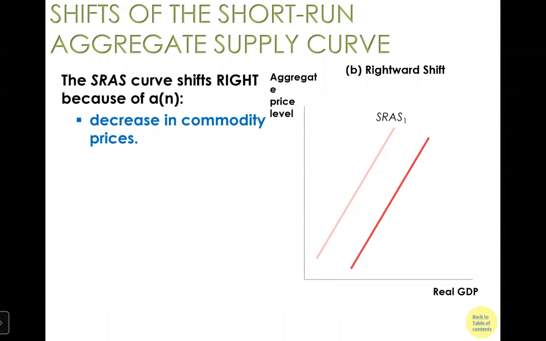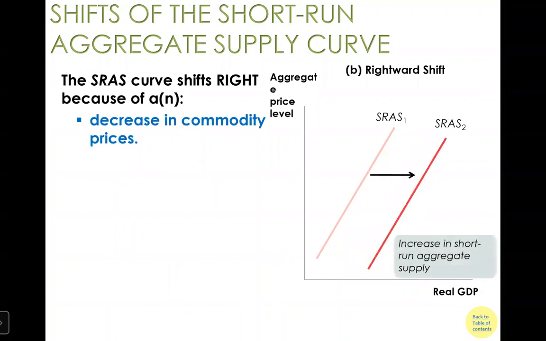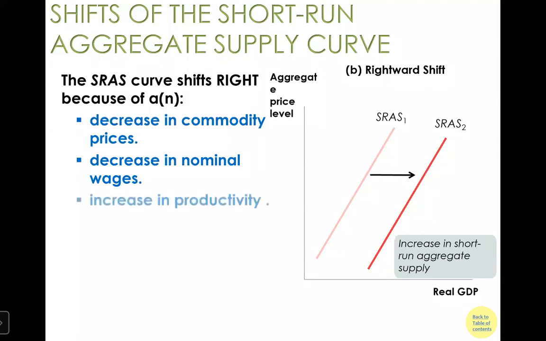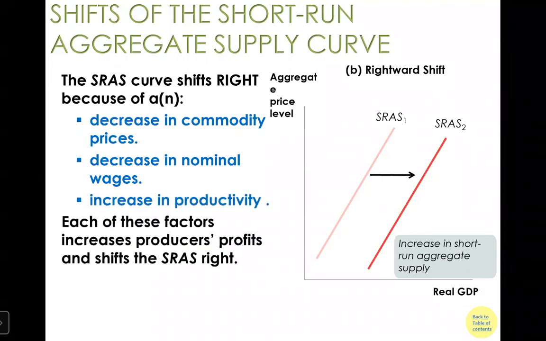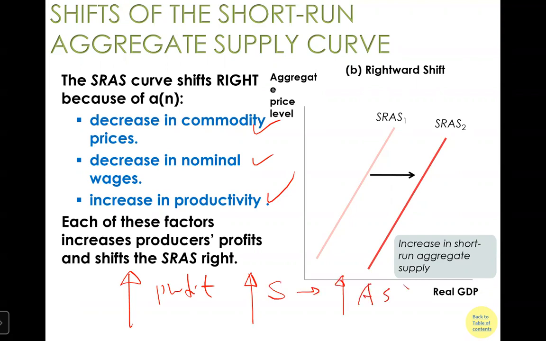So this just recaps all the examples I just gave you. Decrease in commodity price, decrease in nominal wage, increase in productivity. Each of those factors leads to an increase of profit per firm. Then each firm has an incentive to increase the supply, so aggregate supply increases. But of course, this is in the short run.